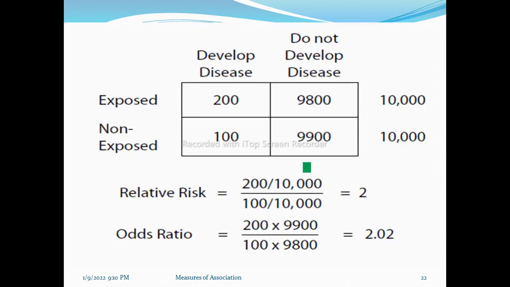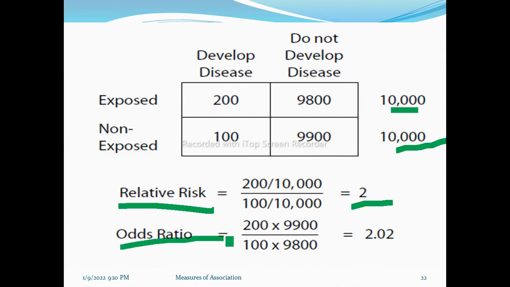So this is one example. For instance, in this case exposed is 200, non-exposed 100. So this is exposed not developing disease 9,800. This is 9,900. So this is the total. If you want to calculate relative risk, you will get 2.